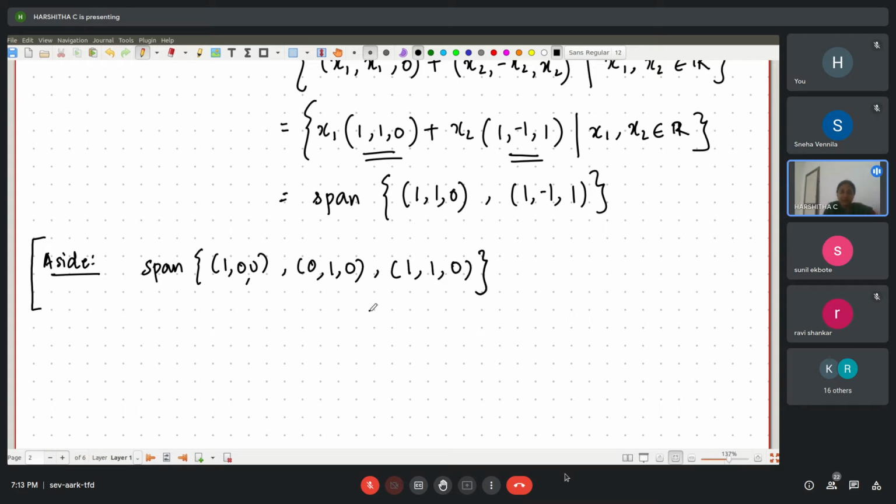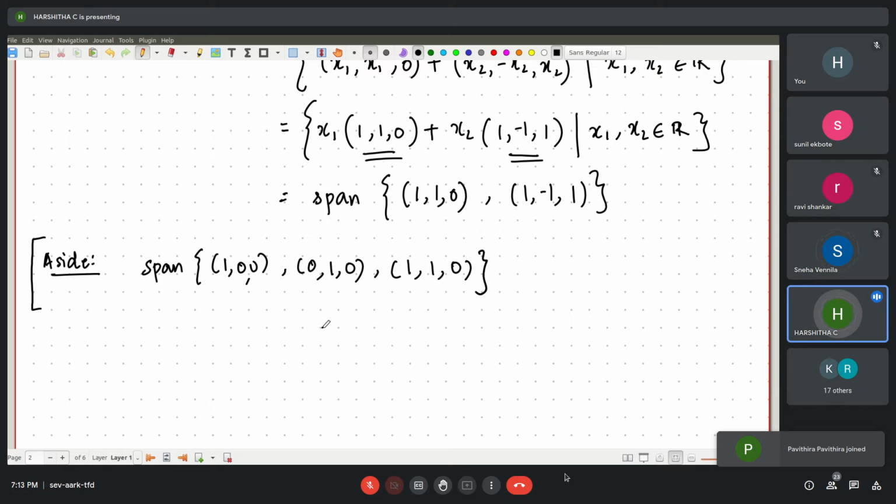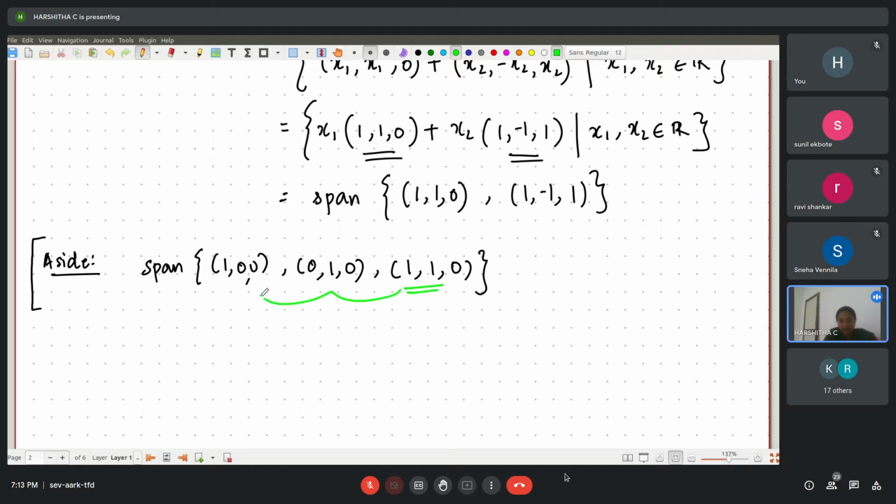Although we are taking three vectors to span the space, we don't really need all of them, because this third vector is actually contained in the span of the first two vectors, right? So in fact, this will be the same as the span of just the first two vectors, because the third vector is nothing but the sum of the first two.